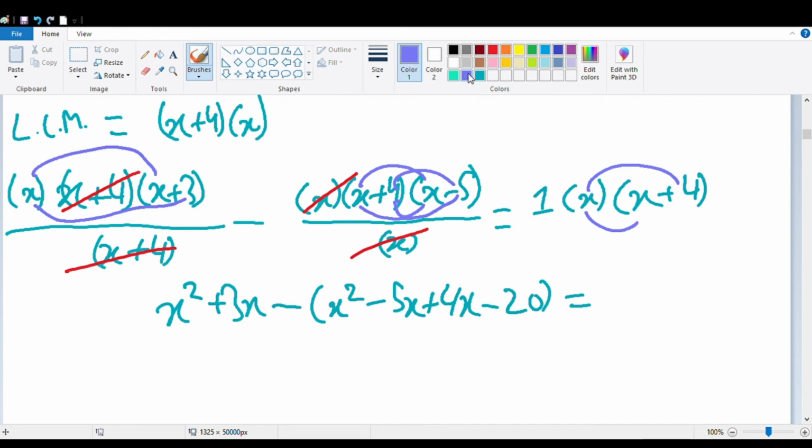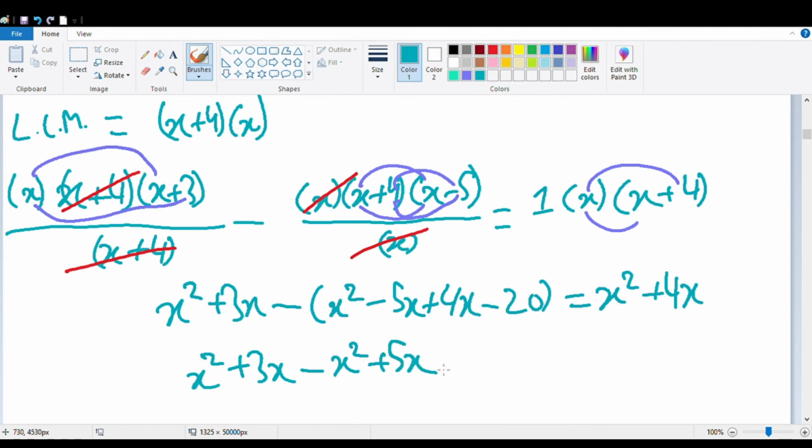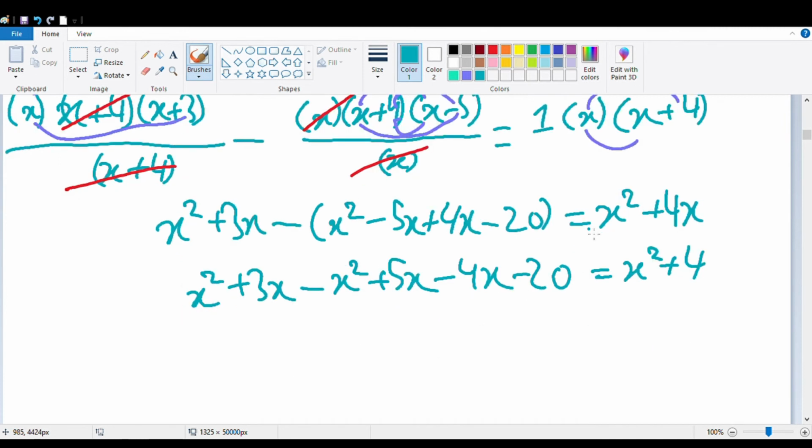So x squared plus 4x. So here x squared plus 3x minus x squared plus 5x minus 4x minus 20 is equal to x squared plus 4x.